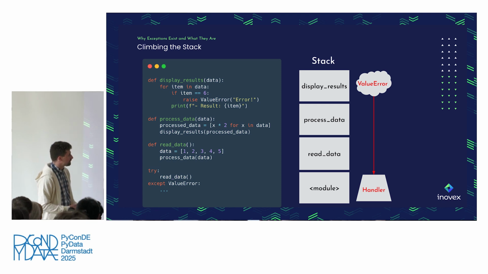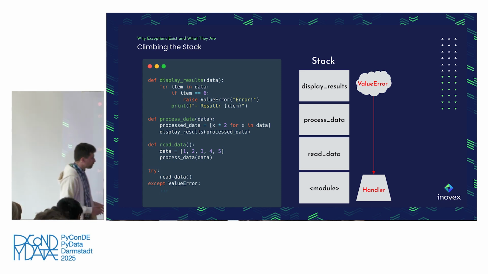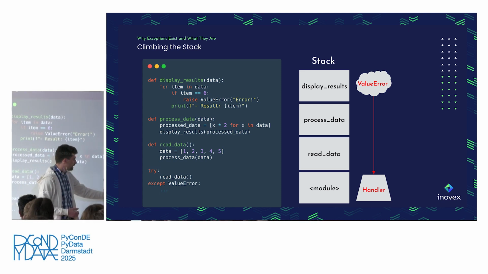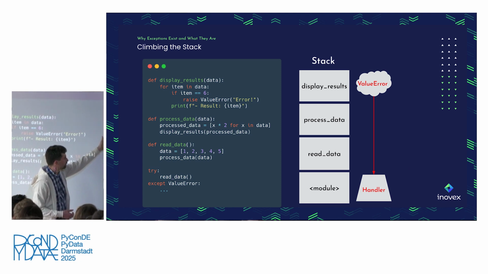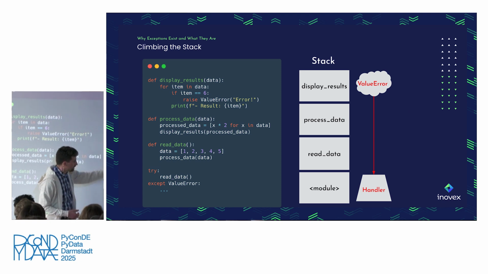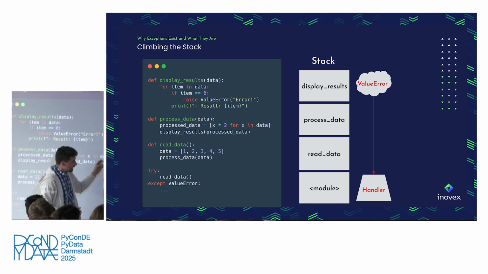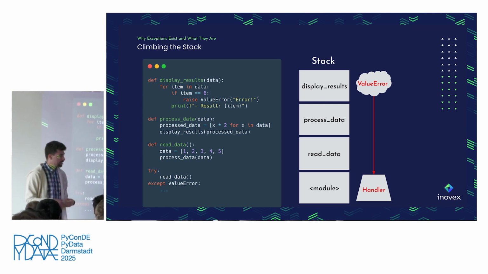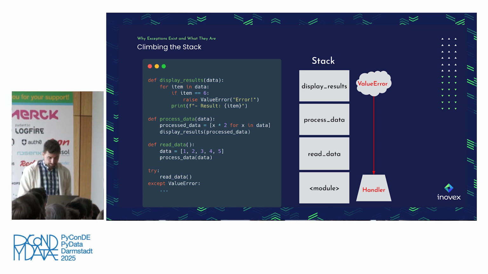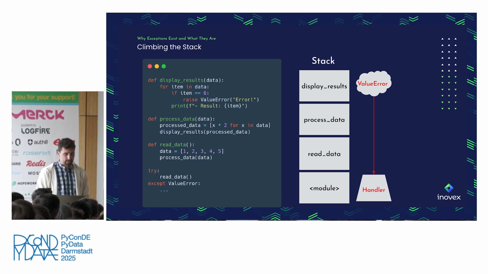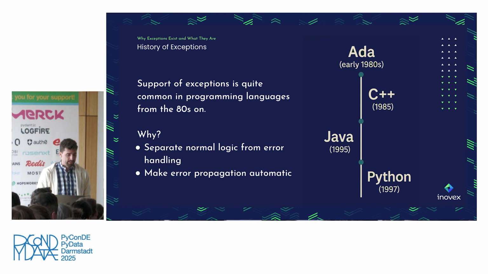And what happens is that we build a call stack, right? So our module called read data, called process data, called display results. Here, the exception is raised. It climbs up the stack. And the handler can start reacting to it. And this is basically the idea behind exceptions.